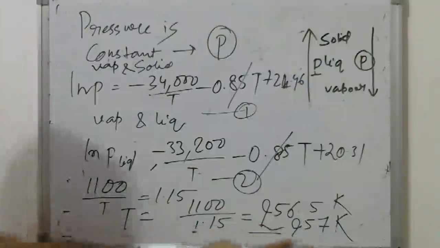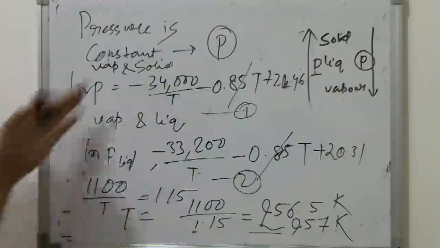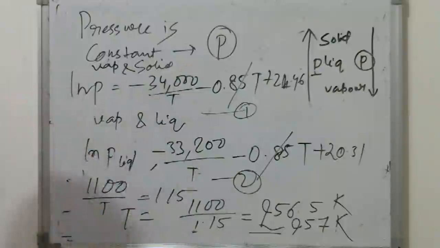Please check this answer: 1100 by 1.15 is almost 957. At this temperature, there is equilibrium between vapor and liquid for a given pressure. So this pressure is the same for both these materials.